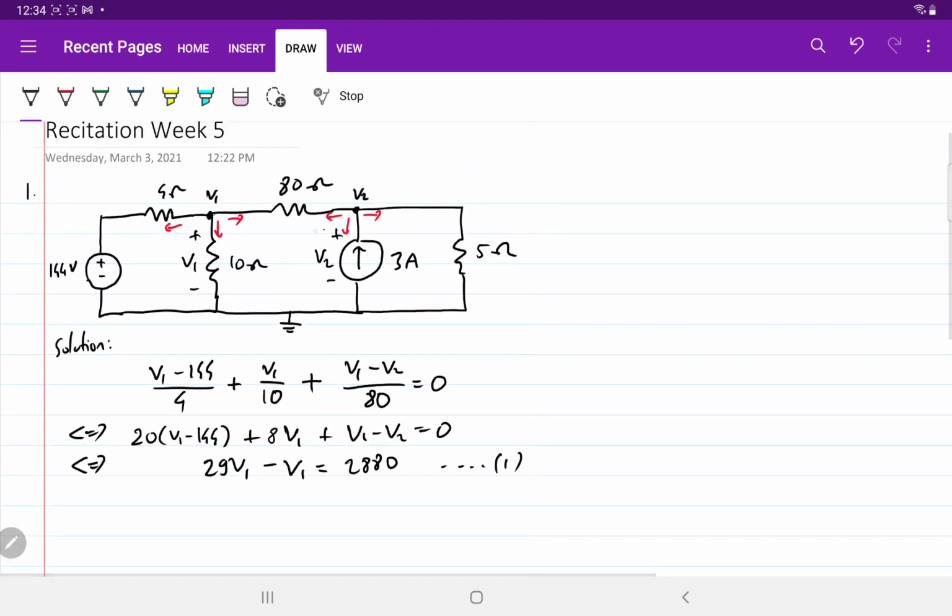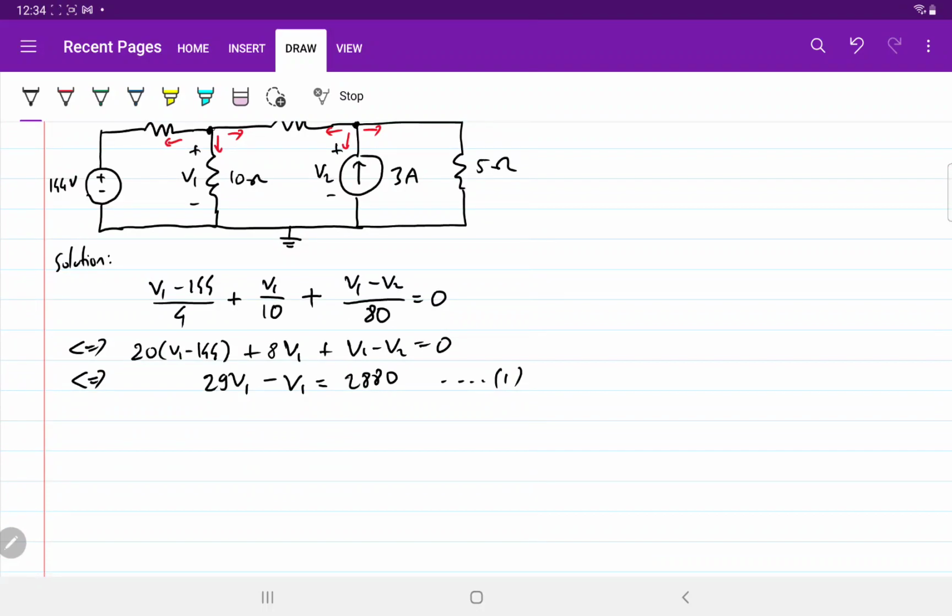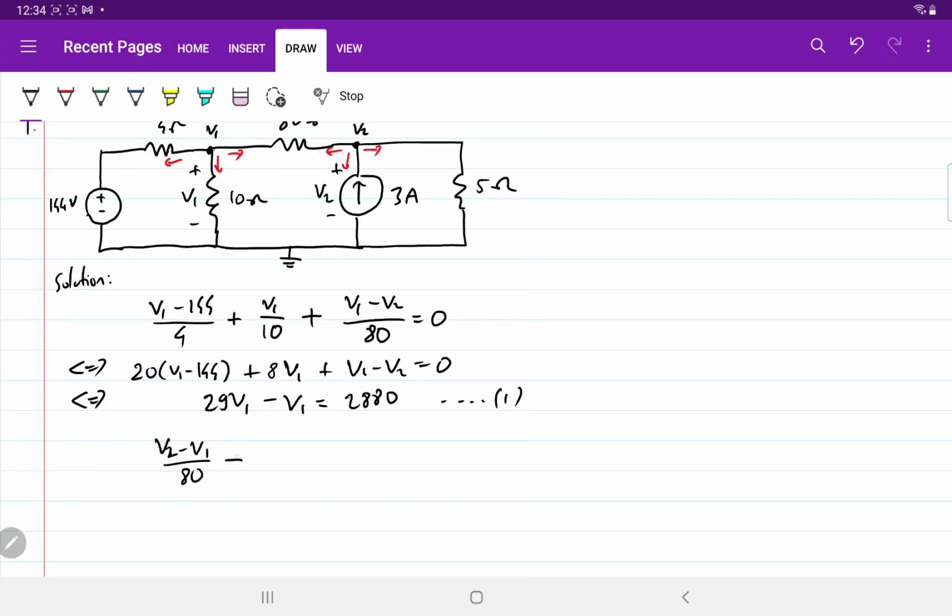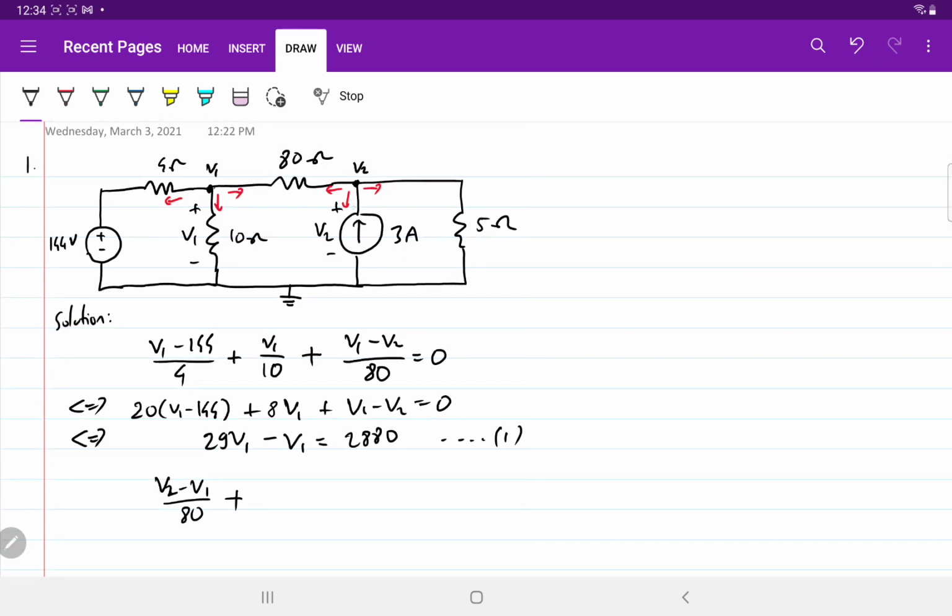For the second node, this current here is the opposite of that current there, which is this one. So for the second node voltage equation, we get (V2 - V1) over 80, plus the current going in that direction from V2 to the ground, but the direction of this current is opposite to the direction of this current source, which is 3 amps, right?